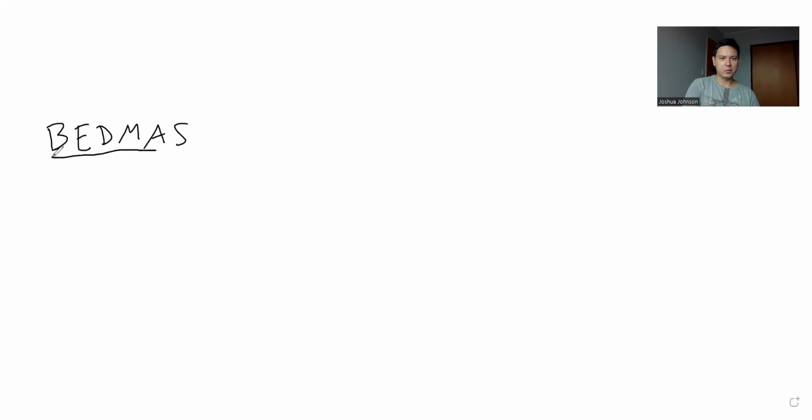Breaking this down a little bit here. So B for brackets, which are these things you'll see in a math problem, say 1 plus 2. The brackets are the things that go on the outside. E is for exponents. So when you see a value or a variable raised to a power, so 2 raised to the second, for example, that upper case 2 is an exponent.